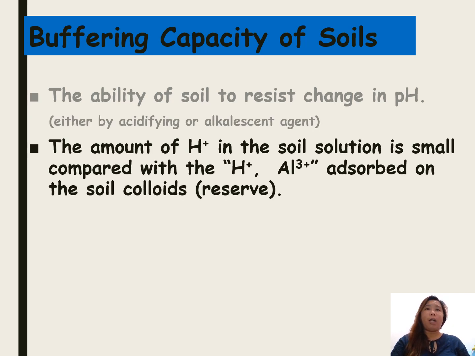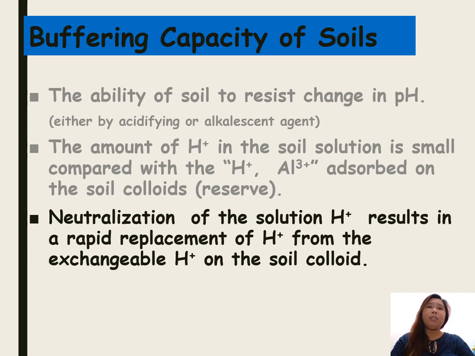The amount of hydrogen ion in the soil solution is small compared with the hydrogen ion and aluminum ions adsorbed on the soil colloids, or what we call the reserve acidity. Neutralization of the solution hydrogen ion results in a rapid replacement of hydrogen ion from the exchangeable hydrogen ion on the soil colloid.